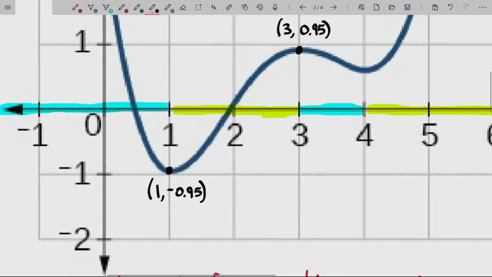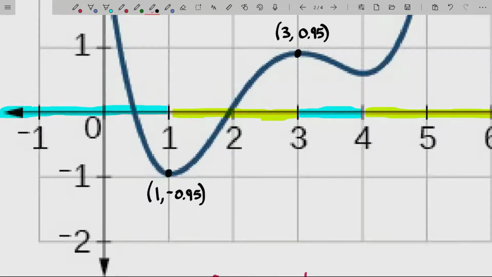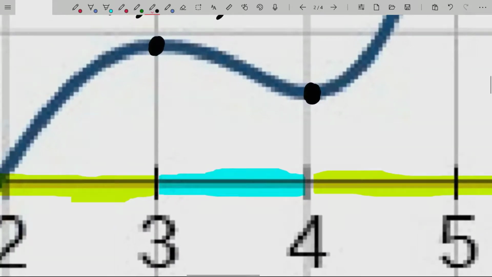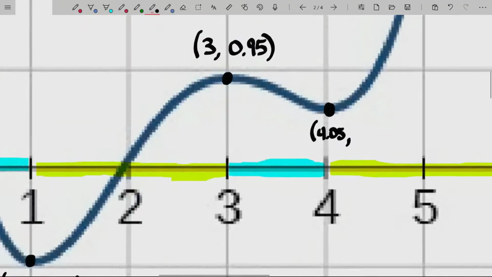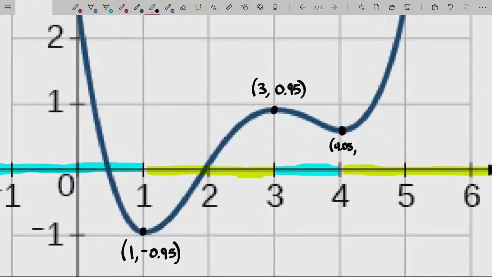If I zoom out a little, you'll see there is actually a second point where we have a minimum. Looks to be right about there. If I zoom in, you'll notice that's not exactly at 4. It's slightly above. I'll say it's 4.05. Why not? And then the y value, well, it's definitely not at a half. It's slightly above a half. So let's say it's at 0.6.